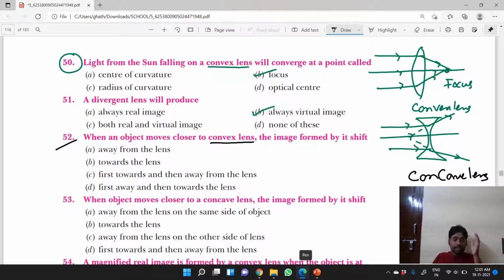See, when the object is placed at infinity, the image is formed at the focus. If the object comes closer, the image will go away. So the answer is first towards, then away from the lens.